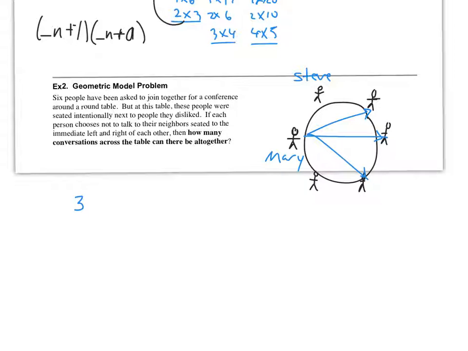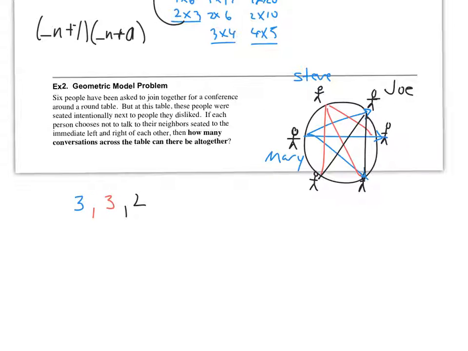Steve and Mary broke up. They don't like each other, so that's why they're not talking. How many conversations is Steve going to have? 1, 2, 3. Next, we've got Joe. How many conversations is Joe going to have that he's not already having? 2. He's already having one with Mary.